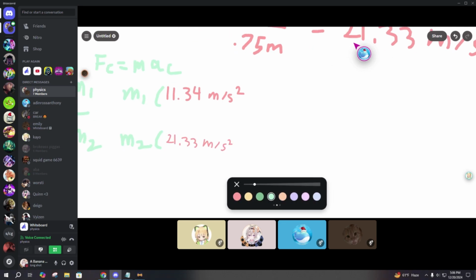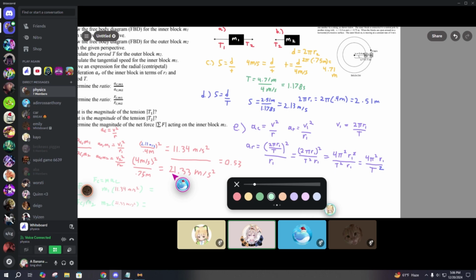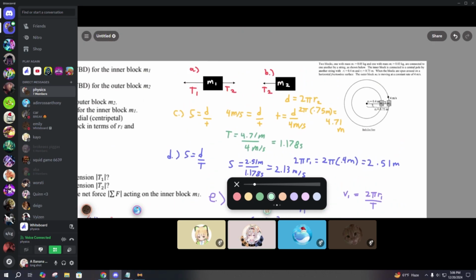And doing that will get me, well, M1 is 0.05 kilograms, and M2 is 0.03 kilograms.